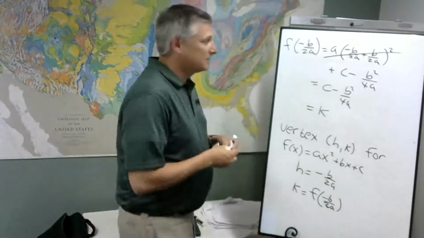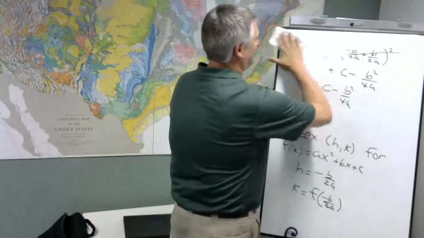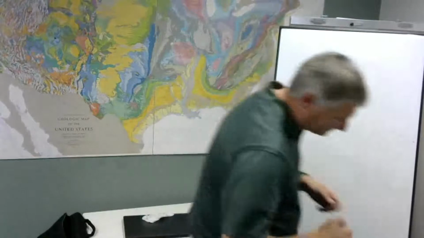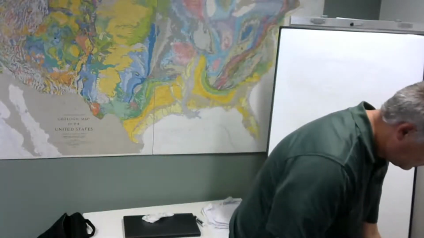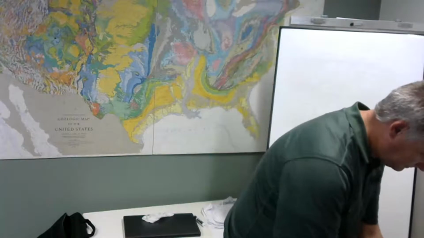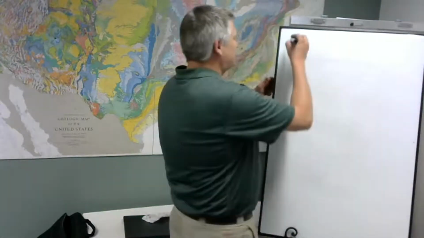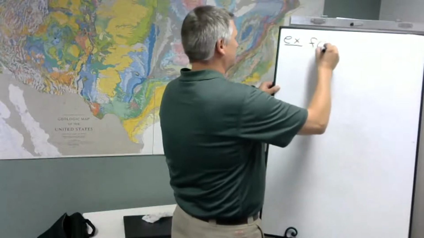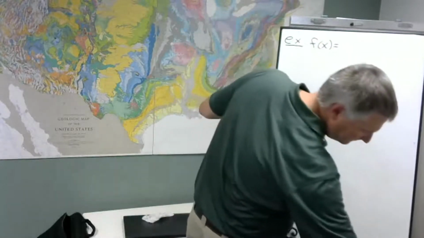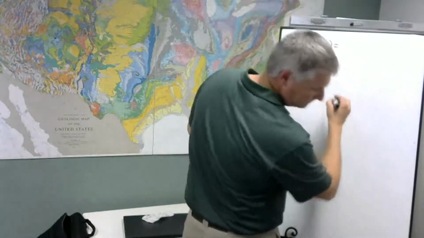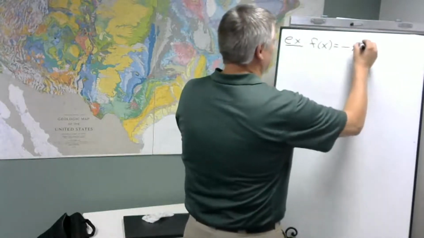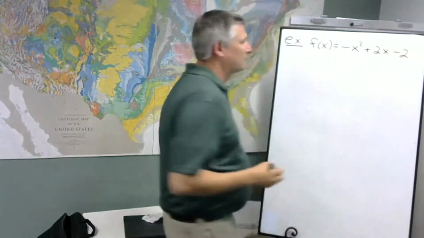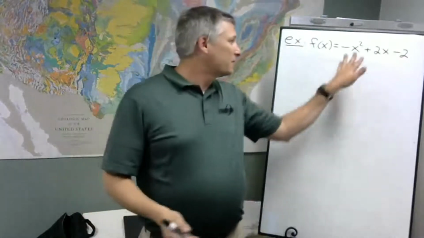So let's take a look. Let's see an example here. So let's say we have this. Now let's say we want to find the vertex for this.